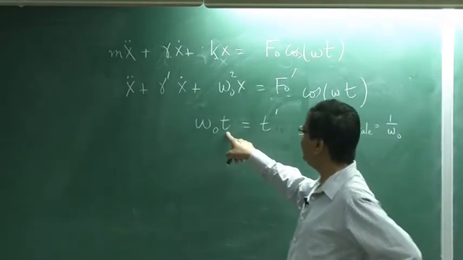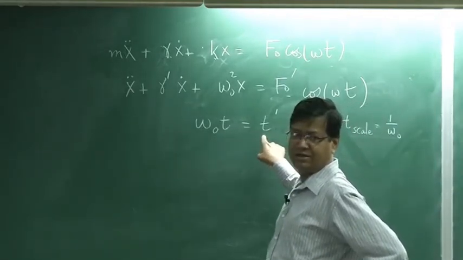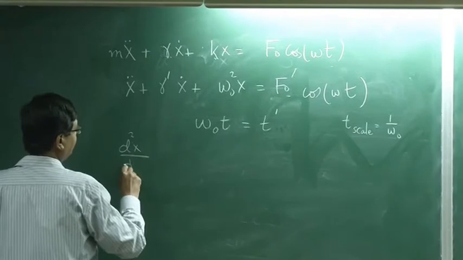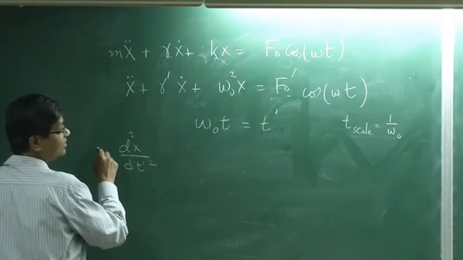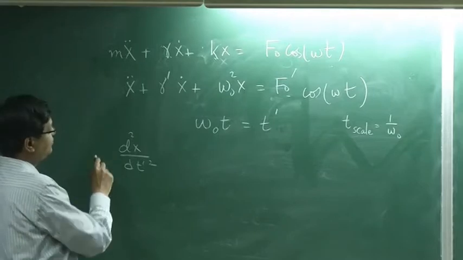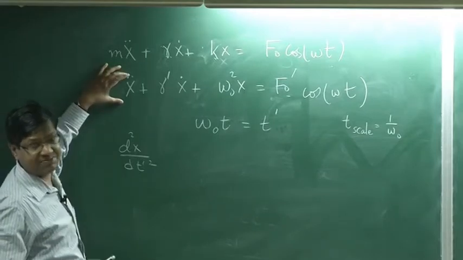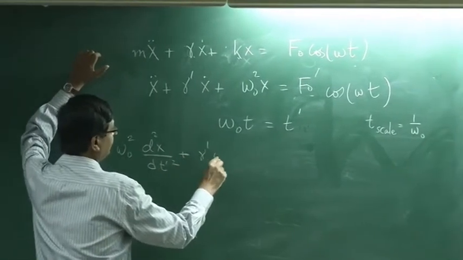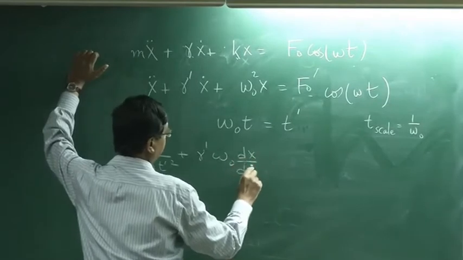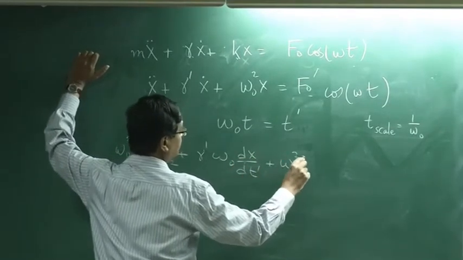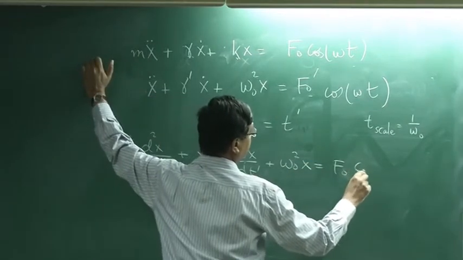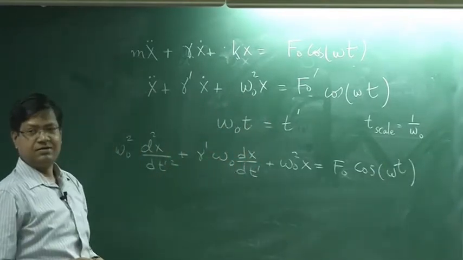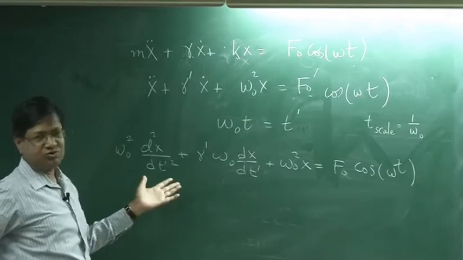So I should replace my t by t prime by omega naught. Do the algebra, it is straightforward. So d squared x by dt prime squared, omega naught square will come here. This has unit of 1 by time squared, so omega naught square will come here, gamma prime omega naught, and the forcing cos omega t. Divide by omega naught squared.